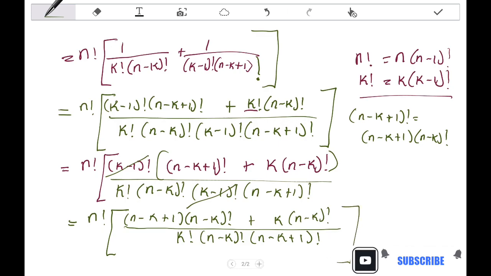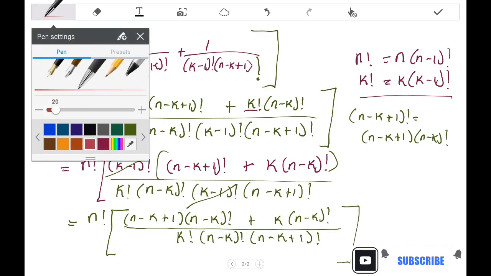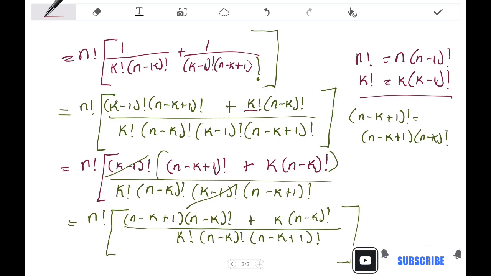So here you have a common factor, n minus k factorial. If you take out that common factor, it is going to cancel these two things against the denominator here.